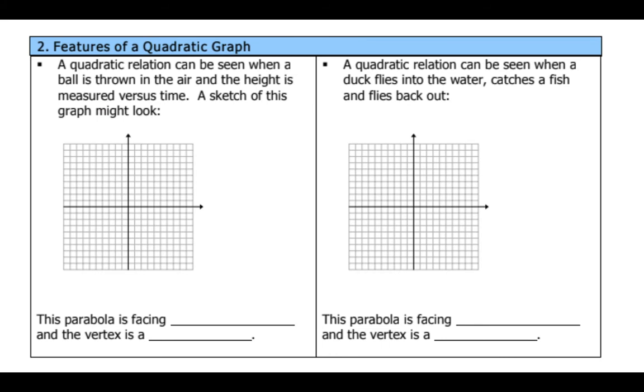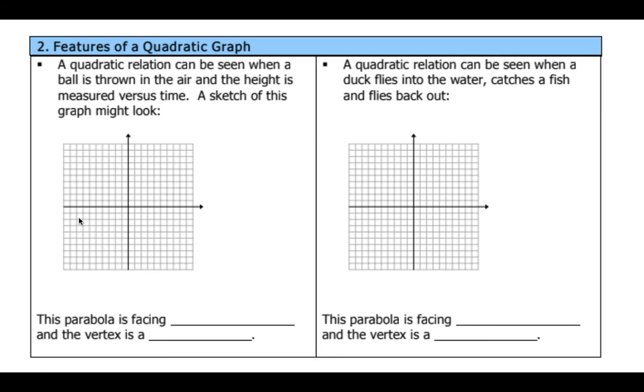Okay, the next thing we did was we looked at graphing. There are basically two different ways graphs can be drawn, and these are examples. A quadratic relation can be seen when a ball is thrown in the air and the height is measured versus time.